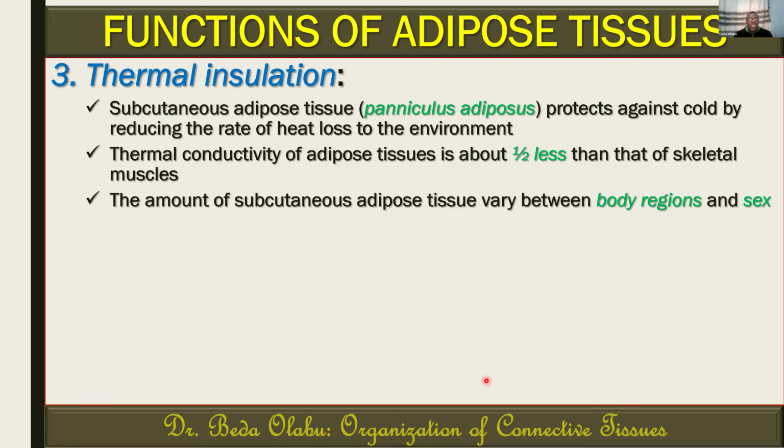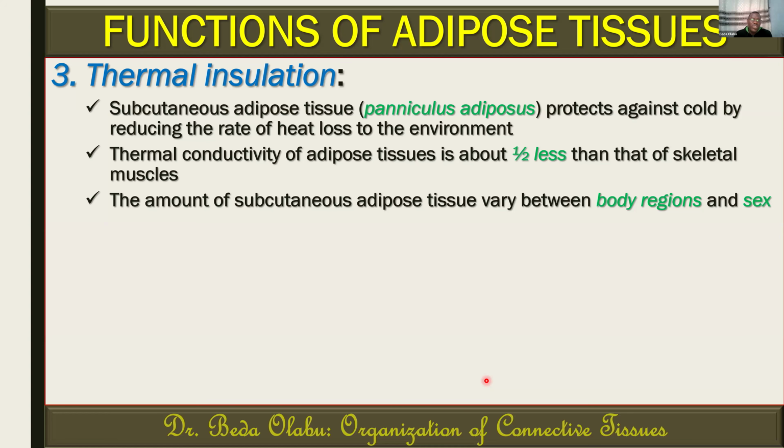The amount of subcutaneous tissue varies, however, between body regions and between sexes. Between body regions, you'll find that there are some specific areas of the body that have a lot of subcutaneous adipose tissue, like perhaps the breast region, the buttocks, the anterior abdominal wall, the thighs, and the like.